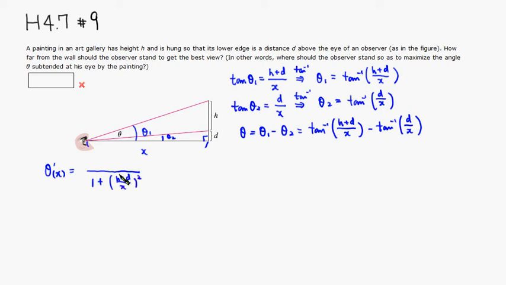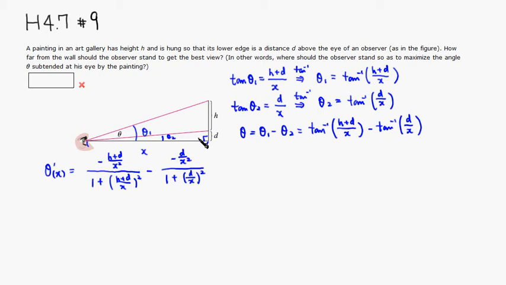Then take the derivative of the inside function, which is negative (h plus d) over x squared. Minus, the same way, arctangent gives 1 over 1 plus (d over x) squared, and the derivative of that inside is negative d over x squared.